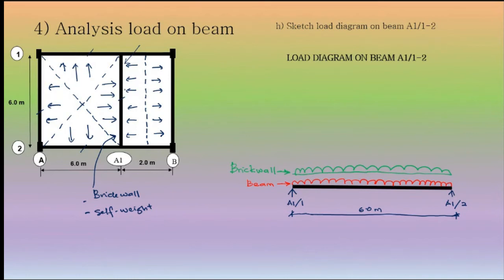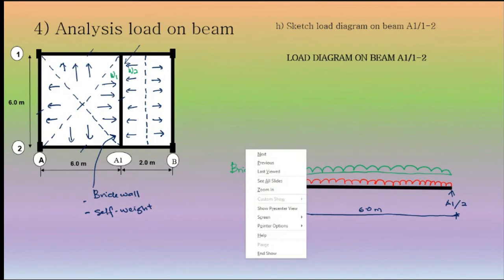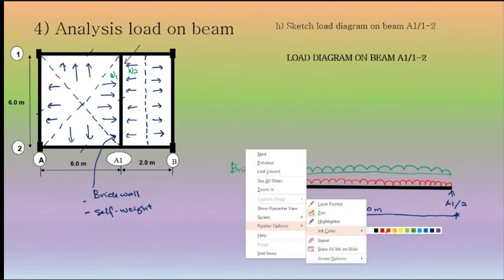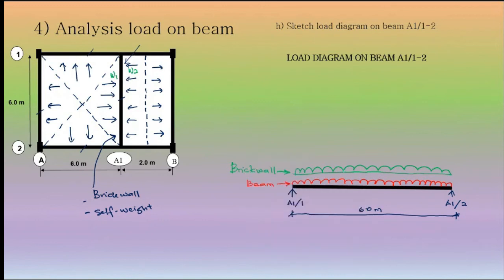Next we know this beam A112 also supports this slab in triangle shape, right? Listed as W1 and another side is W2, one way. So let's sketch the load diagram also. Okay, blue.